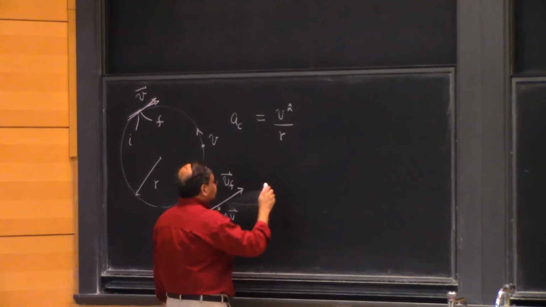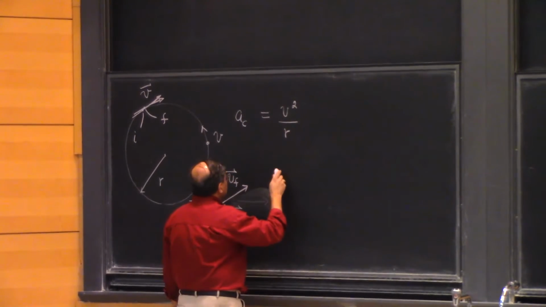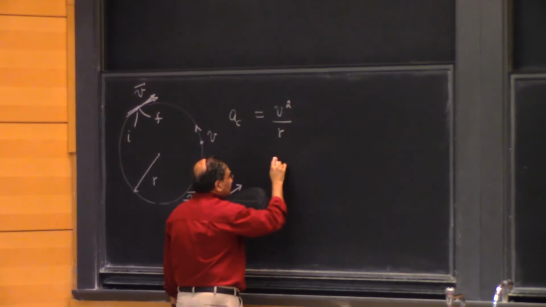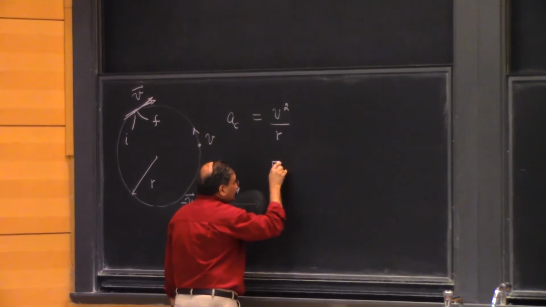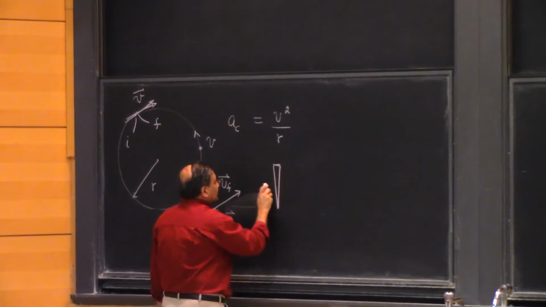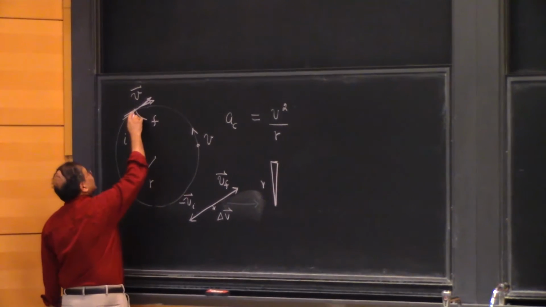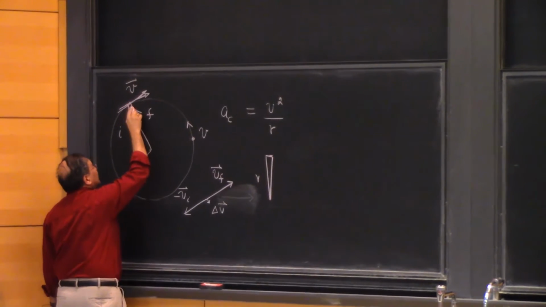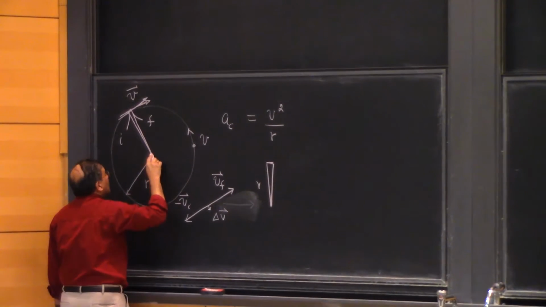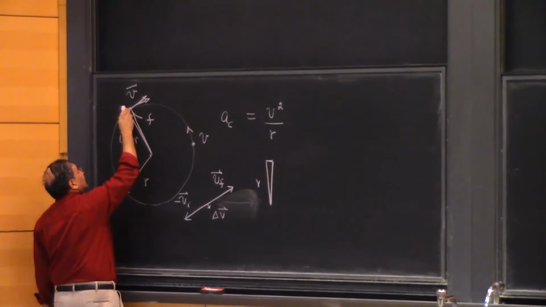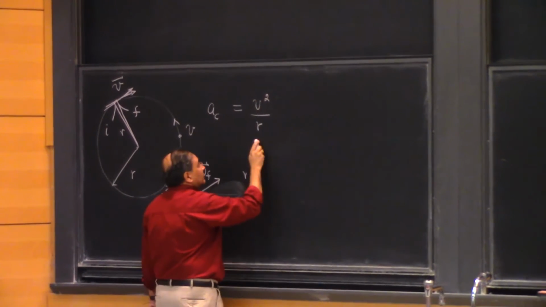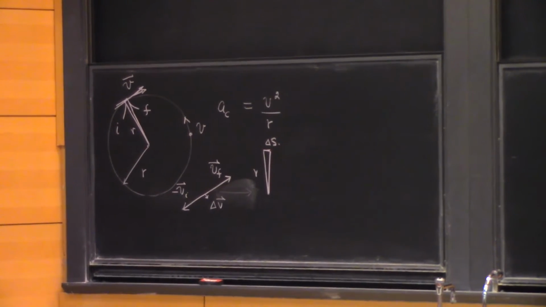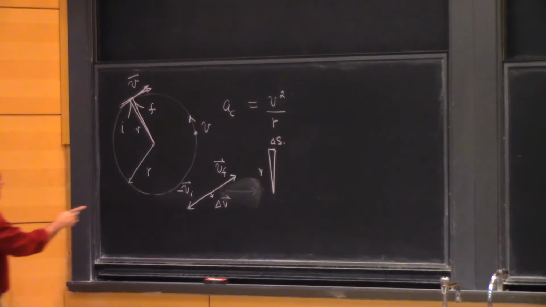It turns out that this triangle is very difficult to draw, but I can imagine that if this is the radius of the circle, and I draw a triangle here, what you will see is that this is R, and this little length here would be an arc delta S. This, of course, is an extreme drawing.